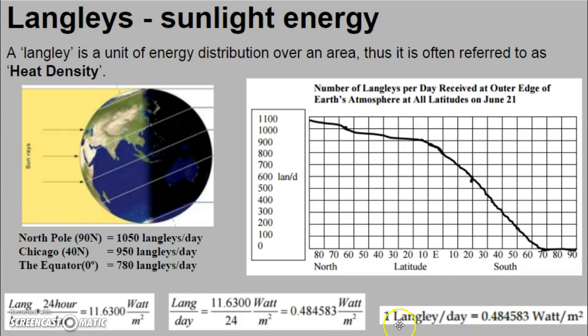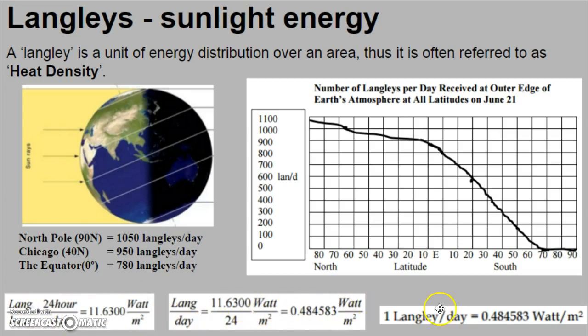When we quantify what a Langley is per day, we can measure it in watts per meter squared. Here's the math. This is often quantified as Langleys per hour, with 24 hours in a day, and we get this watt per meter squared value. In this case we can quantify this over a day period, so we get a Langley per day, quantifying from hours into the day.